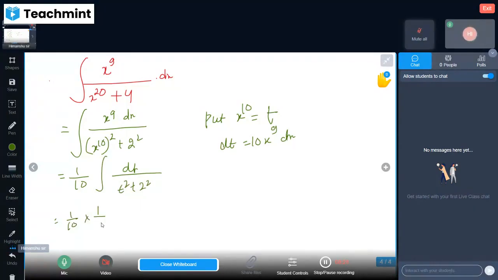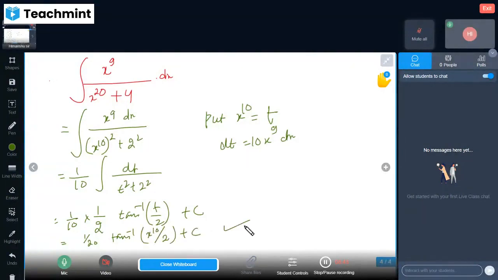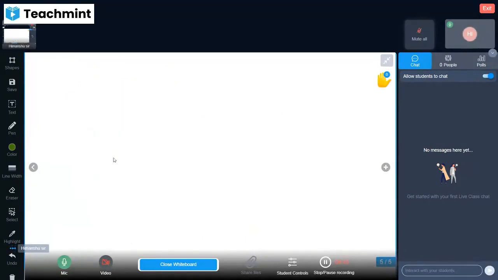So 1 by 2, 1 by a tan inverse t by 2 plus c. So 1 by 20 tan inverse of x to the power 10 by 2 plus c. Okay, so this is a beautiful question. So let's do another one.